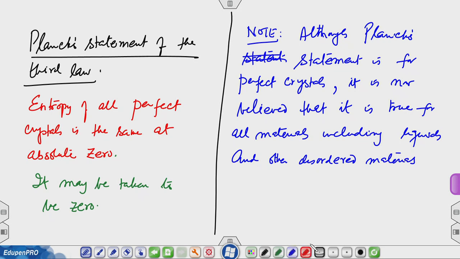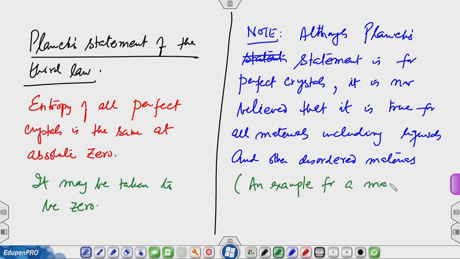So, just as an example, because you may ask, which material remains liquid as you take temperatures to 0.